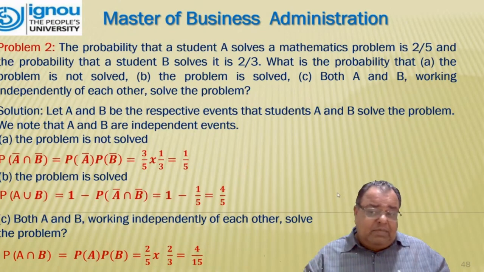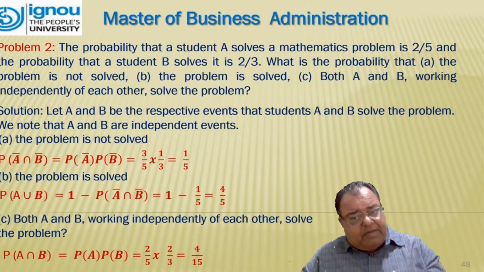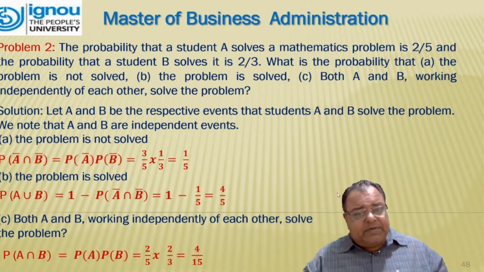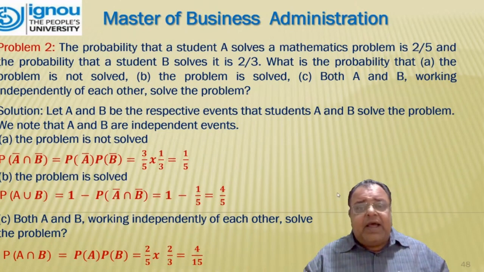And third, both A and B, working independently of each other, solve the problem. We have two probabilities, PA and PB. PA bar will be 1 minus 2 by 5, that is 3 by 5. And PB bar will be 1 minus 2 by 3, that is 1 by 3.